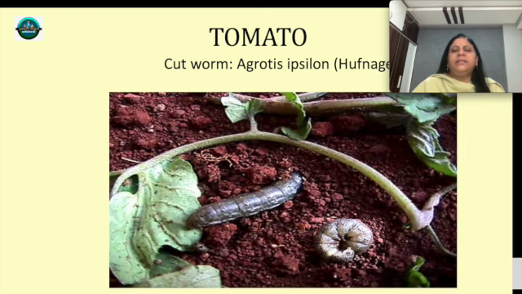Cutworms, they cut the plants. Whenever a huge number of cutworms attack the crop, they move from one field to the other field. After completing one field, they may move to the other field also. Cutworms are also a very important pest of the tomato.